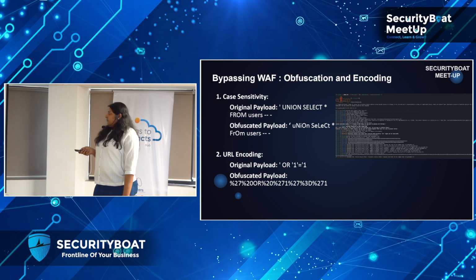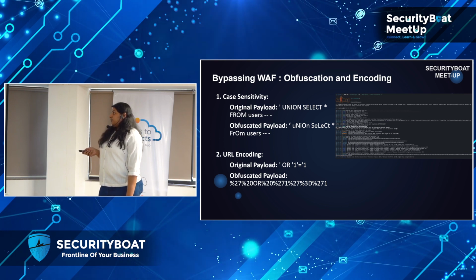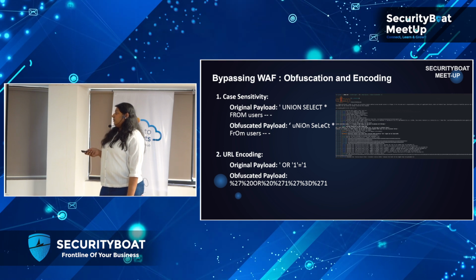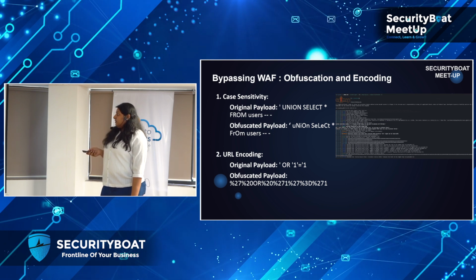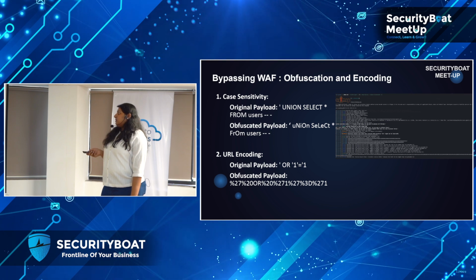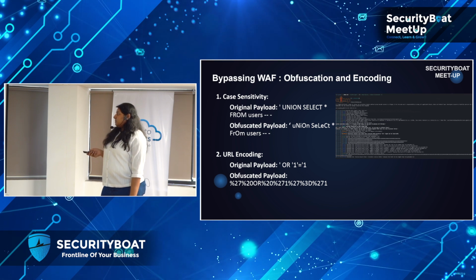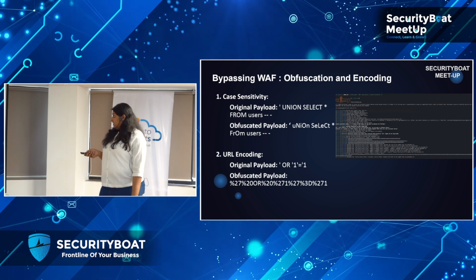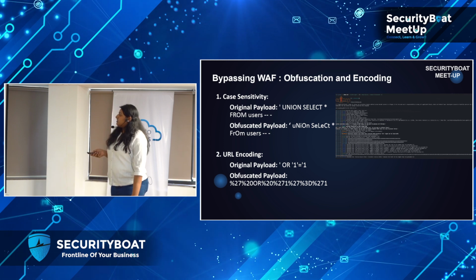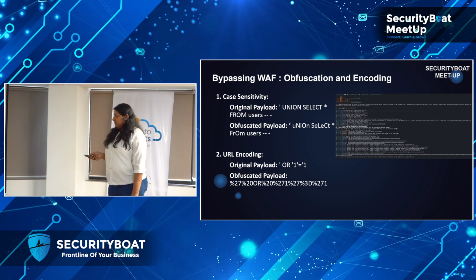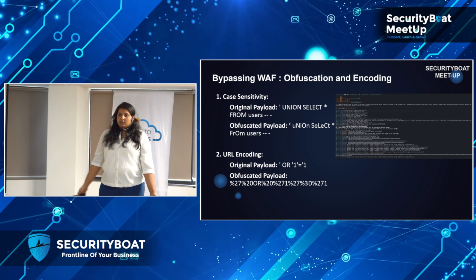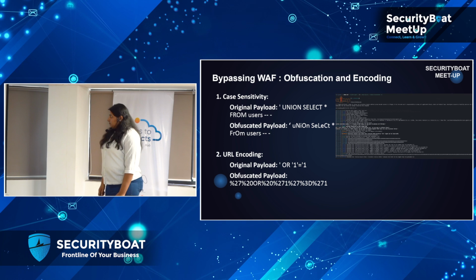And as you can see, if your payload is apostrophe or 1 equal to 1, then we are going to obfuscate the other special characters as well as the numerics and the symbols, except the OR condition. So this might give you the success again if case sensitive does not give you the success.